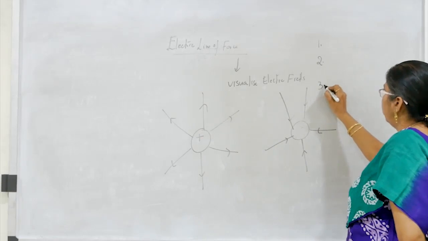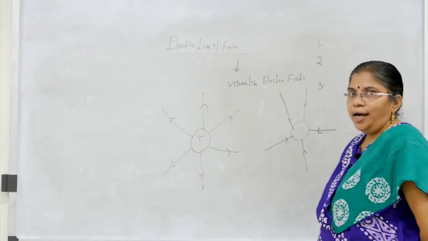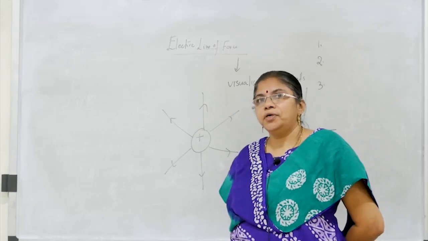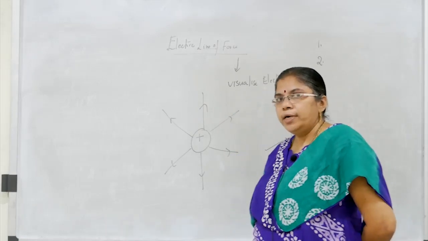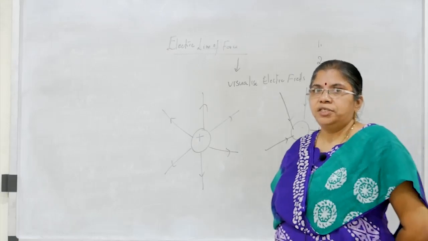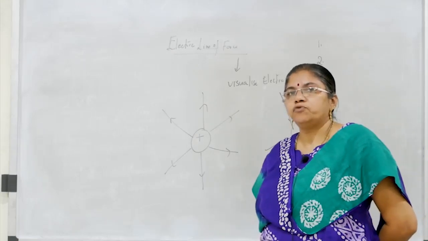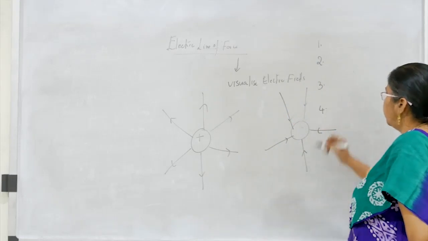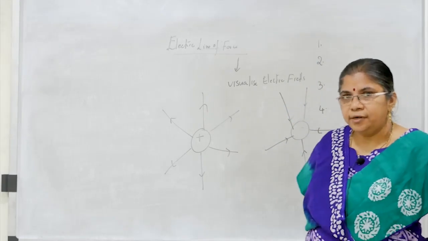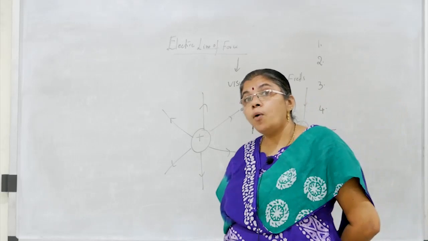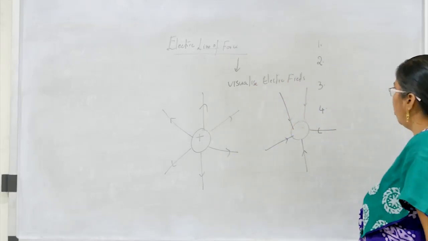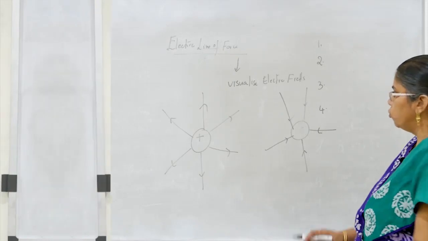Next, we cannot have two directions for electric lines of force, because when we draw two tangents, it gives two directions for one point. Next one is in continuous charge distribution, when there is a region like that, they do not form continuous loops. So these are the four properties of electric lines of force.